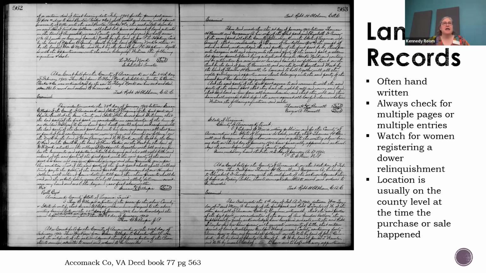They were moving. And so with dower relinquishment, the woman gets pulled into a separate room by an officer of the court, and they have to verify that their husband has their permission to sell the property, that they are not being coerced, and that they're okay with this.